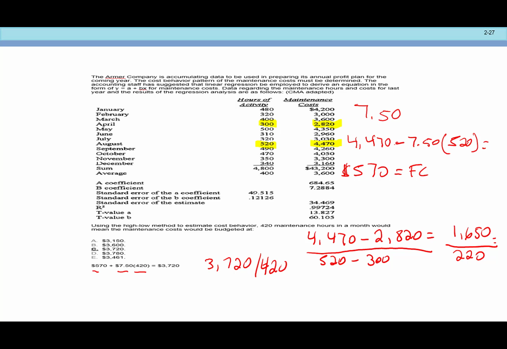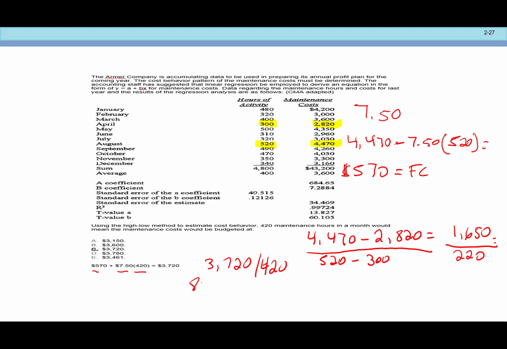So that's what you're going to budget for next time. That will be my budget every time I spend a direct labor hour on a job, or whatever the hours of activity is, say direct labor hours. What's 3,720 divided by 420? 8.86.